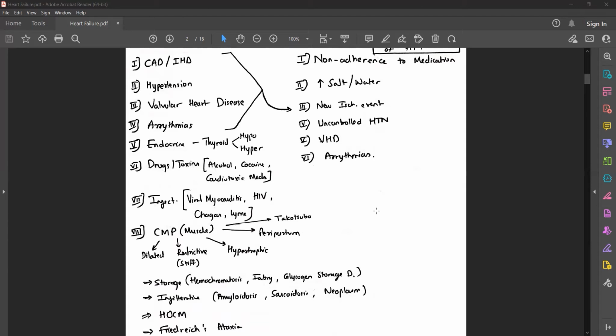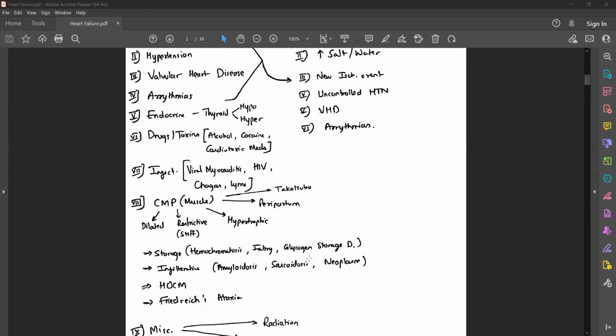So that's why we no longer use the term ischemic cardiomyopathy. Now, it can be due to multiple reasons, like, for example, storage disorders, infiltrative disorders, hypertrophic obstructive cardiomyopathy, and Friedreich's ataxia.